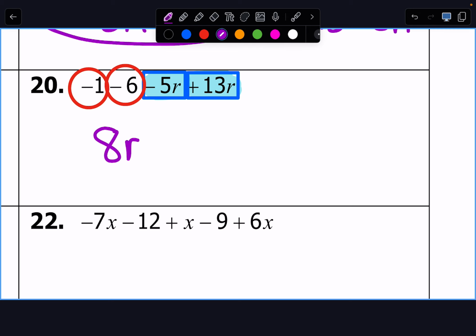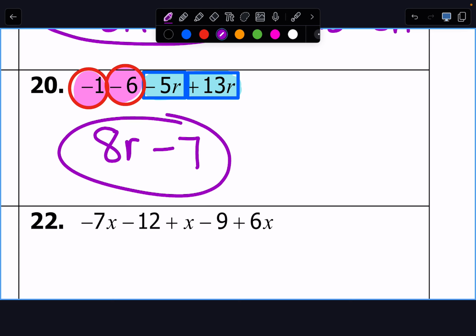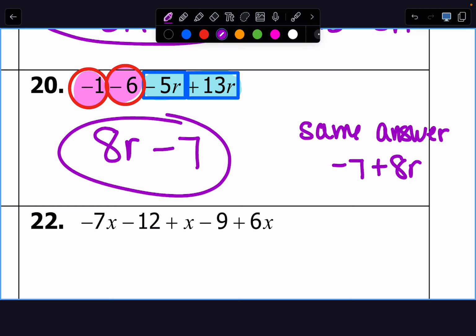I heard 8r from one human. 8r? Okay. What about negative 1 minus 6? Minus 7. Okay? Now, some of you may have said, ooh, I'm just going to go in order of how I see them. So the same answer would be negative 7 plus 8r. That means the same thing. Okay? That's how you would rearrange that if you put them in a different order.